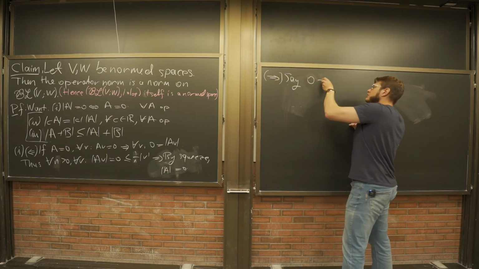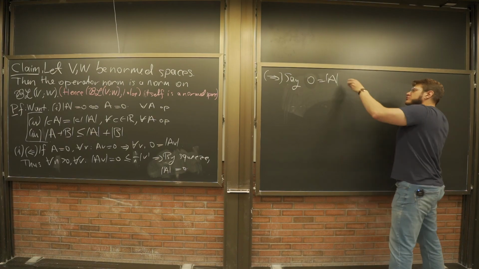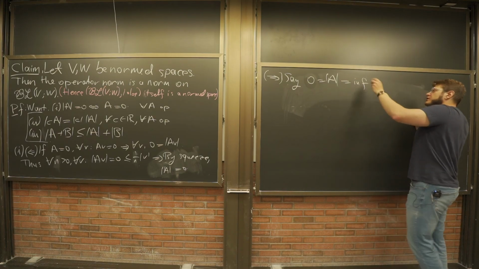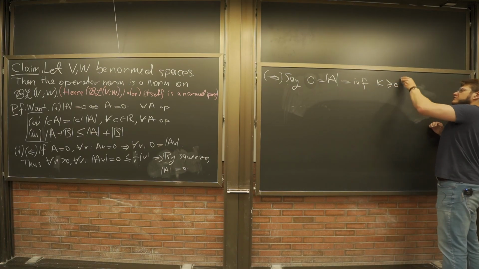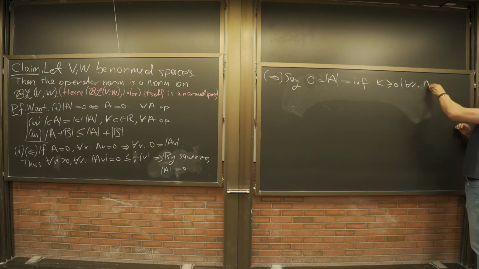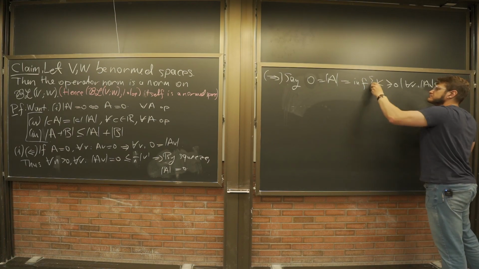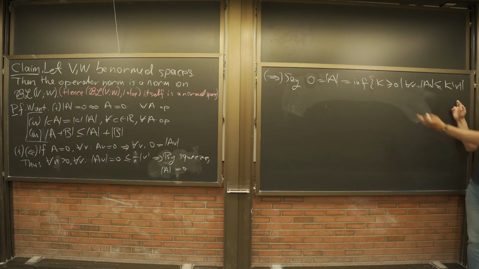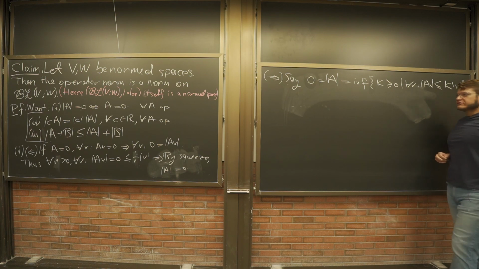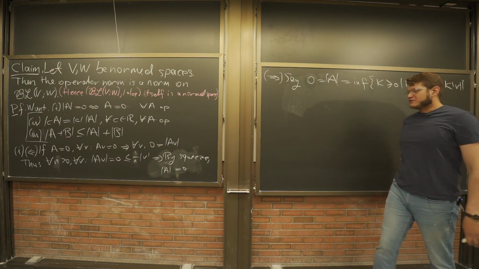say 0 is the operator norm of A, which is the inf over k's such that for any v, the norm of Av is bounded from above by k times the norm of v. Right? That was the definition. OK, so I have a set of numbers. I'm saying the inf of that set is 0.